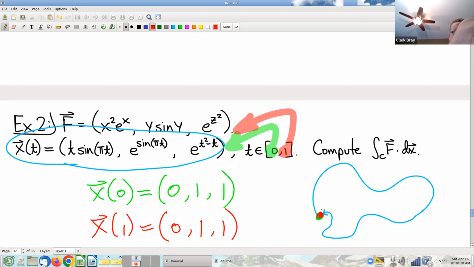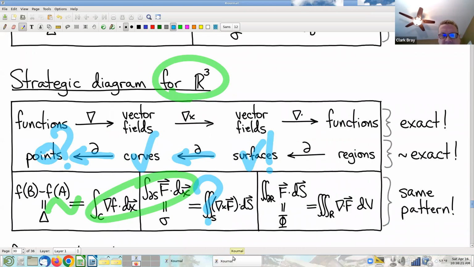And so there is an anti-boundary. There is going to be some sort of a surface in there whose boundary is this curve. So yes, there is an anti-boundary surface, and so yes, you can use Stokes' theorem.